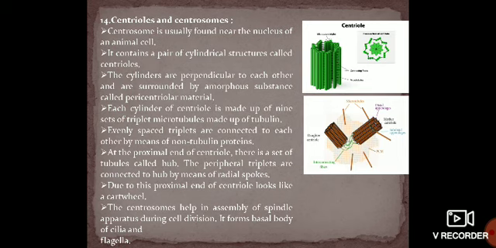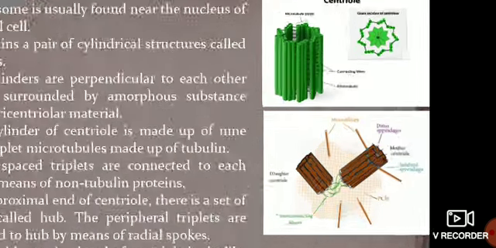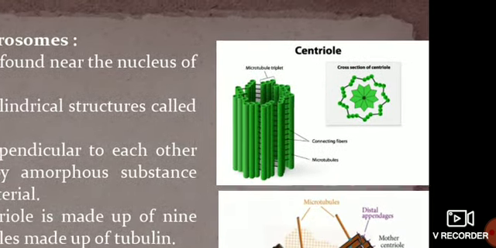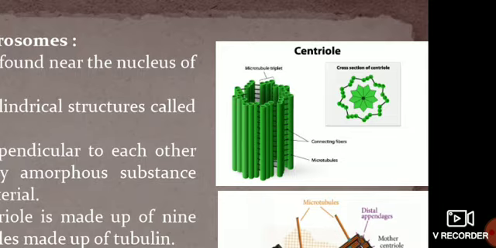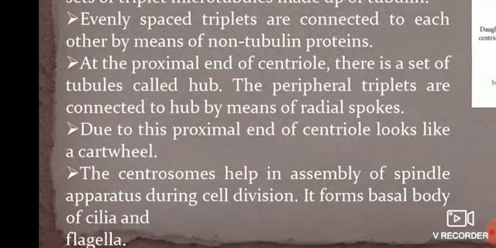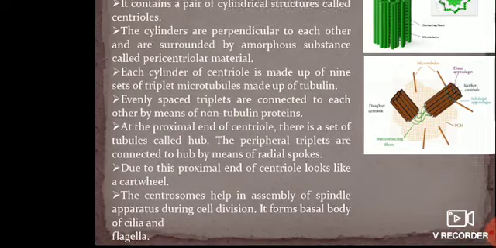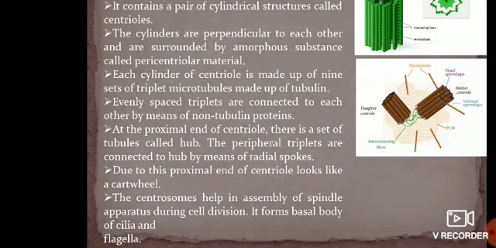Evenly spaced triplets are connected to each other by non-tubulin protein. At the proximal end of the centriole, there is a set of tubules called the hub. You can see inside this structure the presence of connected triplets, called the hub, which is due to radial spokes.